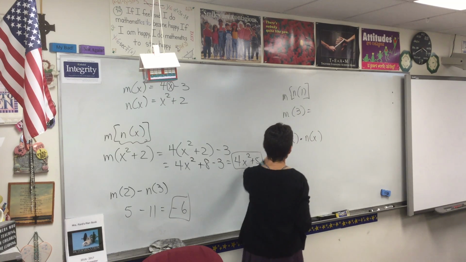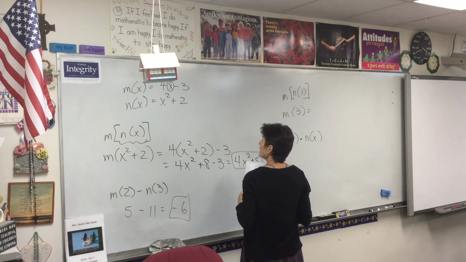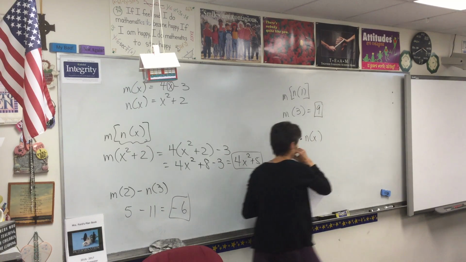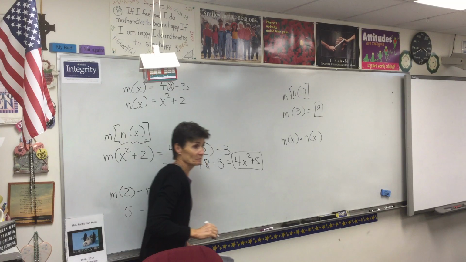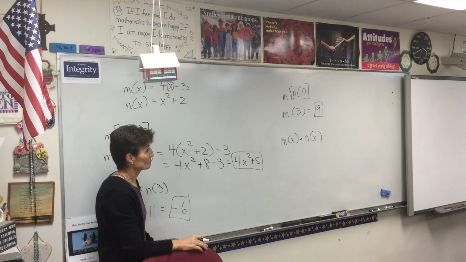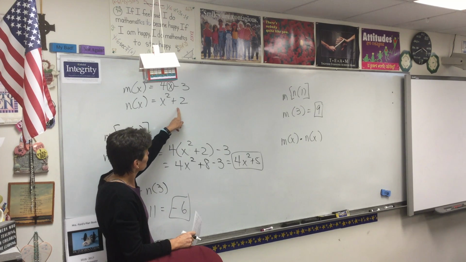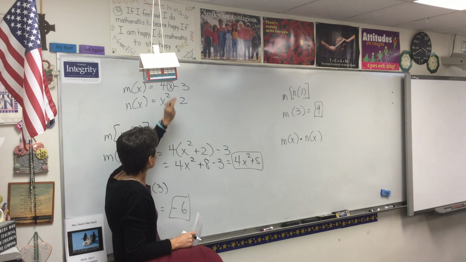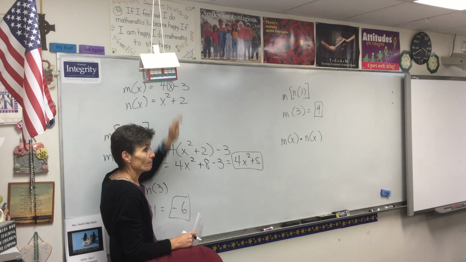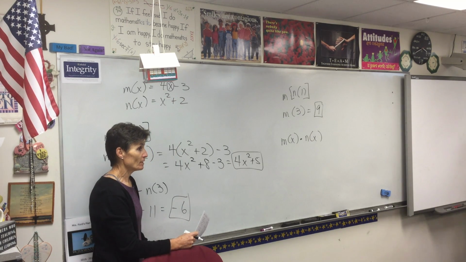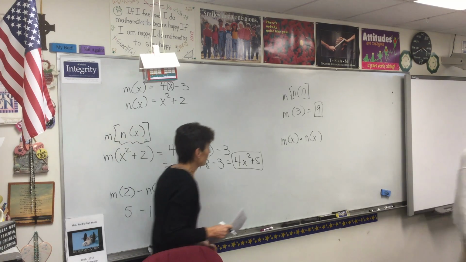So that means I'm going to put the 3 into m, and that gives me 9. One goes into n, and then that answer goes into m. Everybody good? Okay.